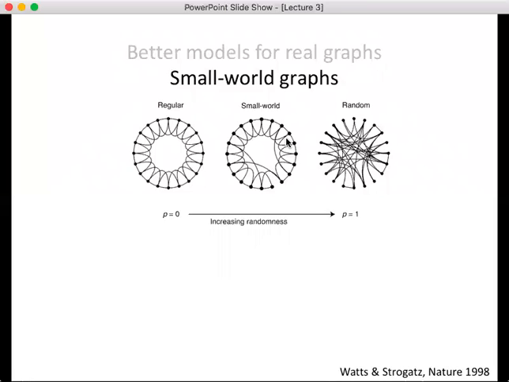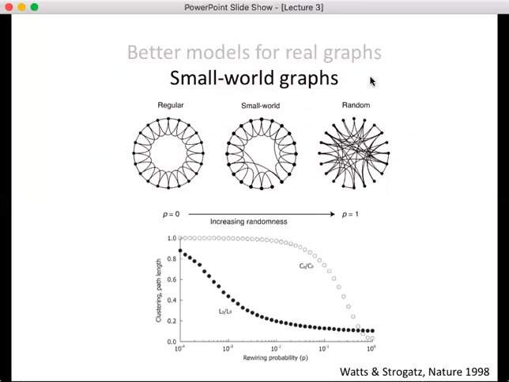Now, let's fix the ideas very carefully. In random graphs, here you see the filled dots represent the path length. This is the path length of the graph normalized to the path length of an equivalent random graph.